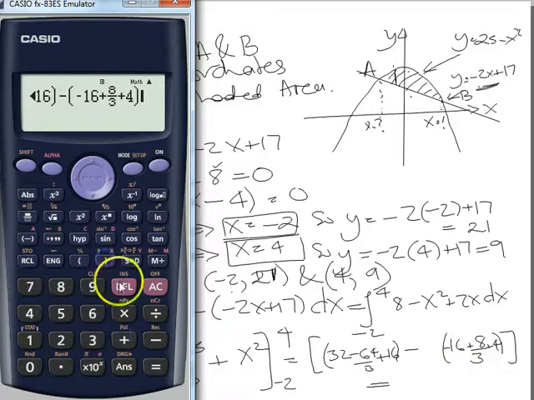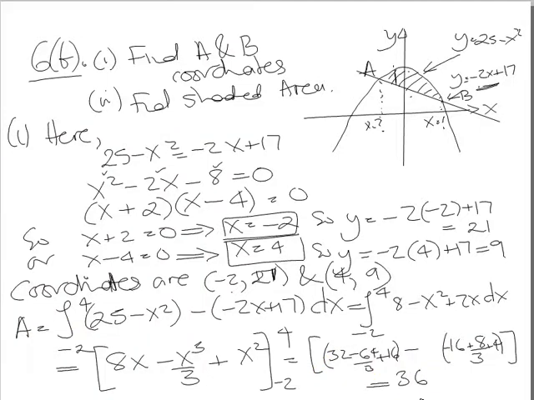So hopefully I've entered everything correctly. Press equals, and we get 36. 36 units squared. That's the area. Okay, that's what answer we get then. Good. So that's how we do it.